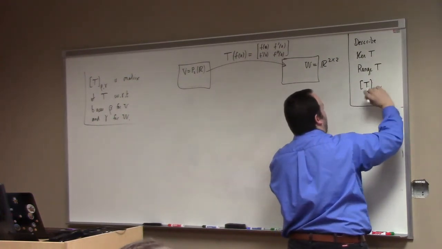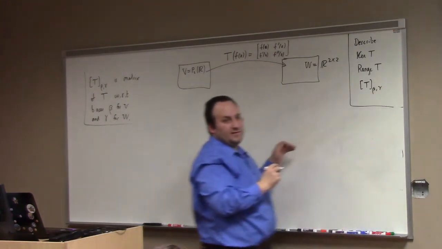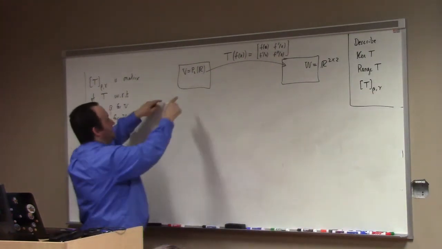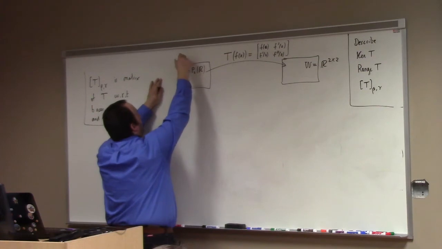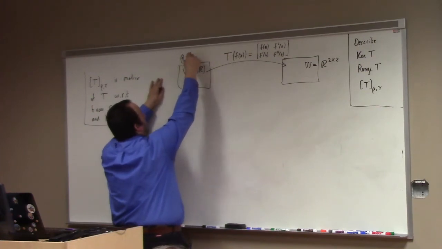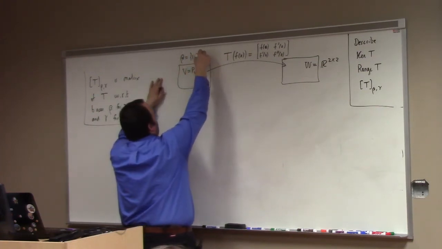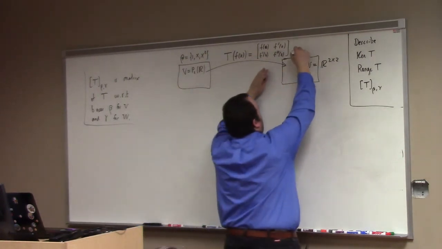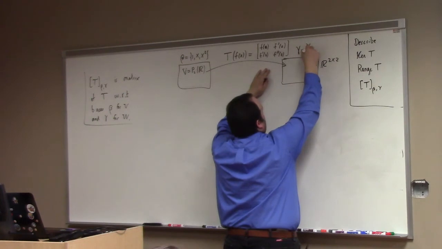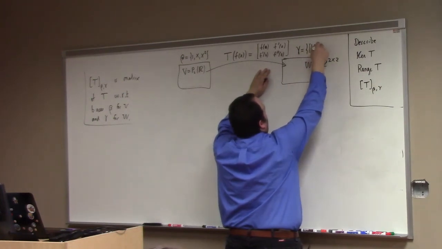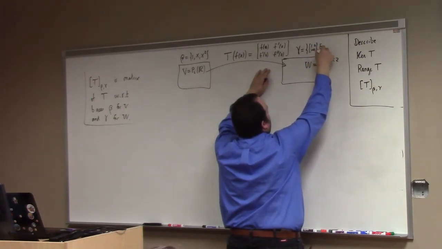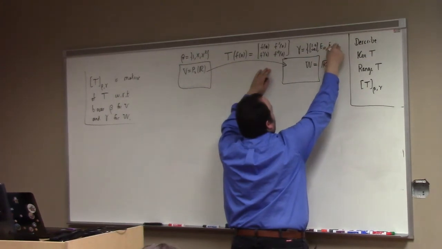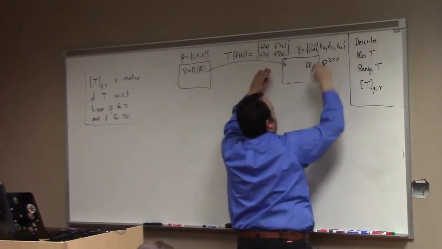Of course, I need to actually tell you what beta and gamma are, don't I? So what do you want to make the basis over here? How about 1, x, x squared? Sound good? How about our 2 by 2 basis? Let's use the usual one: E11, which is 1, 0, 0, 0, and then E12, E21, E22. So the usual lexicographic ordered basis.